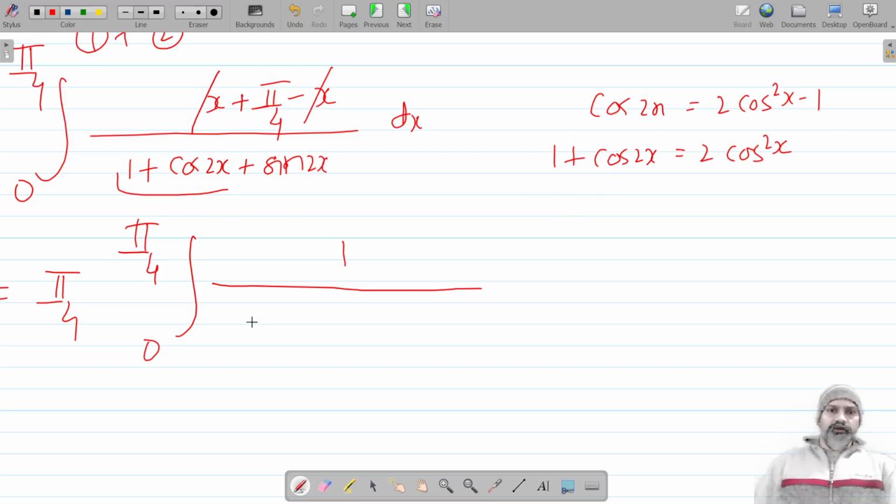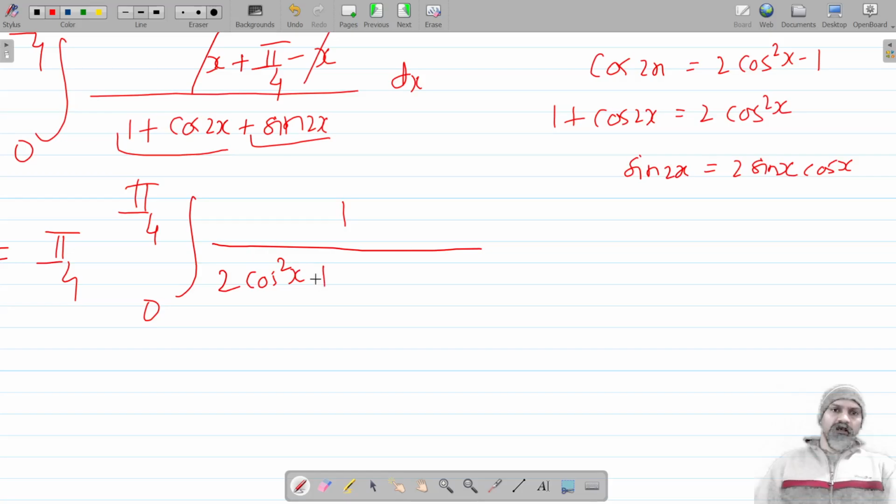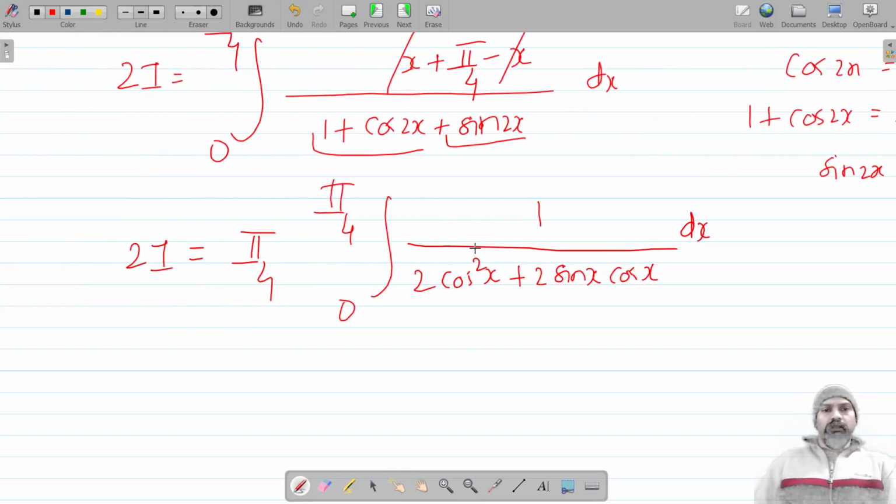So instead of 1 plus cos 2x, we can write 2 cos square x plus sine 2x. Now sine 2x is equal to 2 sine x into cos x. So this becomes 2 sine x into cos x.